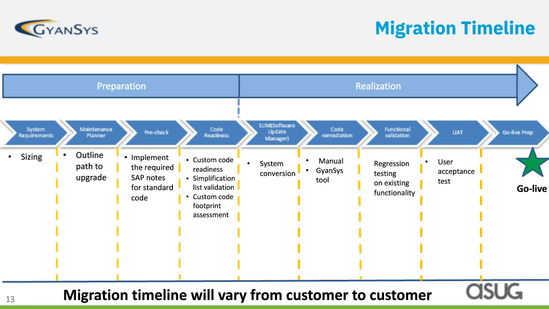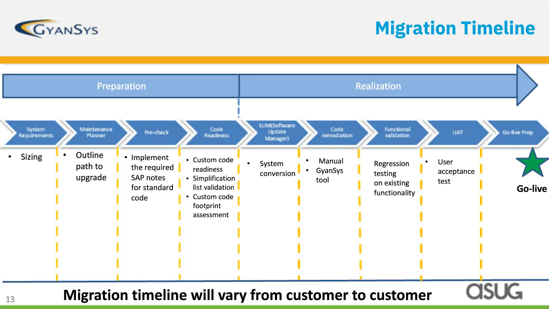Code readiness: again, SAP has given standard tools where you can analyze your custom code, and see which code is getting impacted by SAP's simplified data model, or which things are becoming obsolete because of the new S4 data model. You can extract that information and prioritize that list.